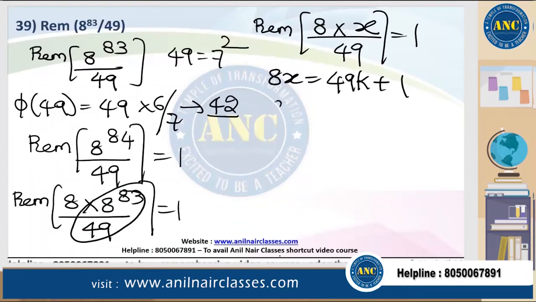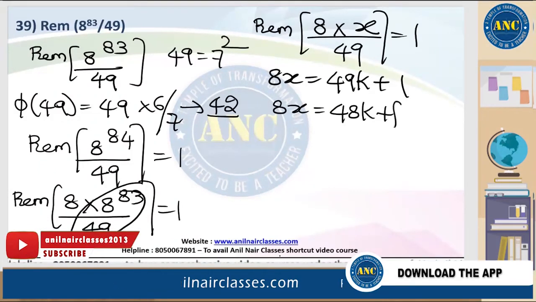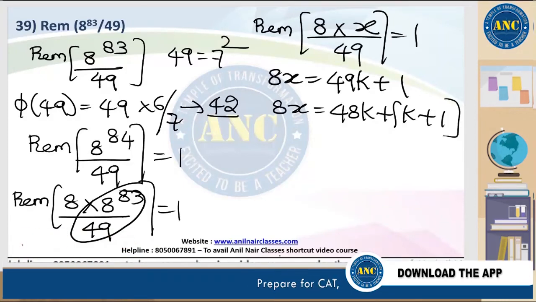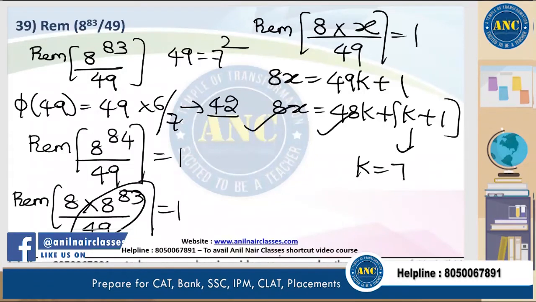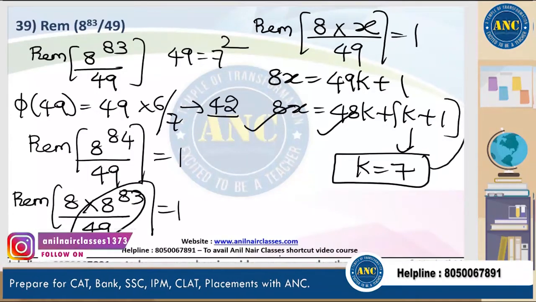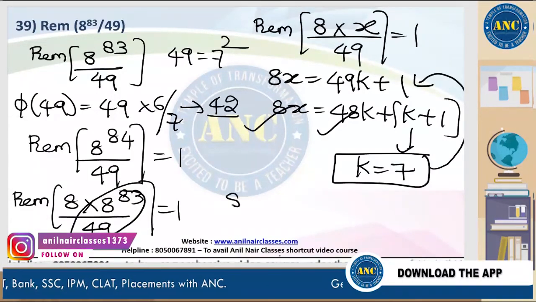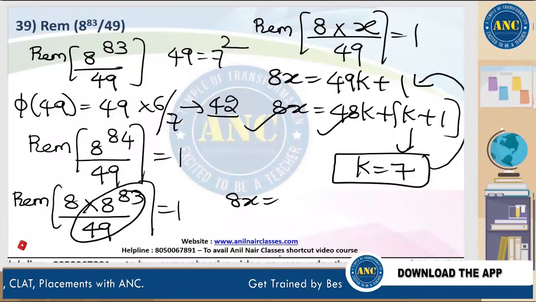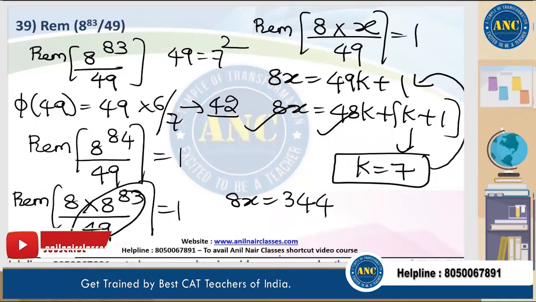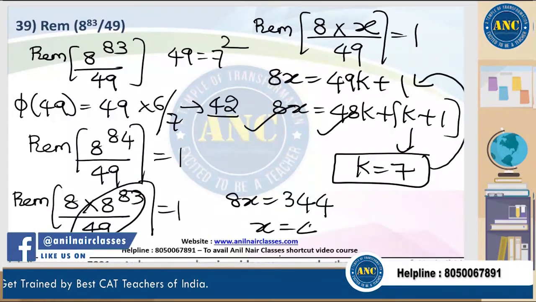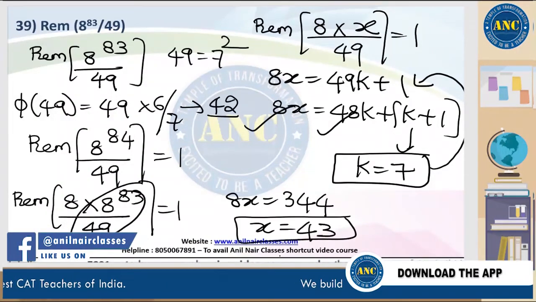So 8x is 48k plus k plus 1. Divisible by 8, divisible by 8. K plus 1 should be divisible by 8. K is 7. So 8x will become 49 sevens are 343 plus 1, 344. X is nothing but 43.